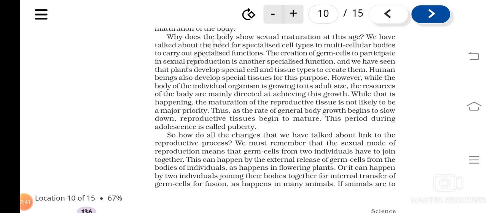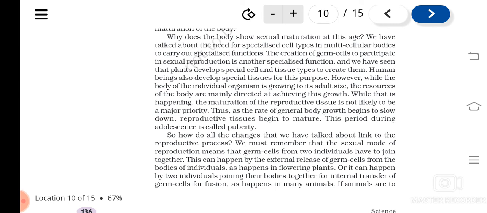When the body's main aim is to grow to full size, the resources are used for growth. At that time, the maturation of the reproductive tissue is not the priority. Before the child attains puberty or before adolescence starts, what is the major aim of the body? To grow in size.